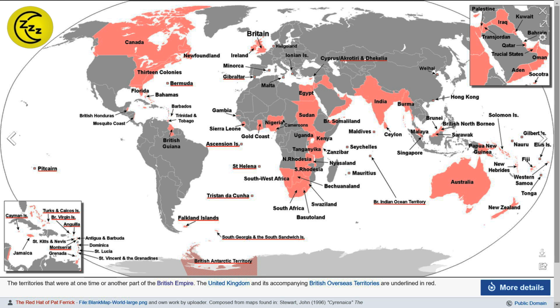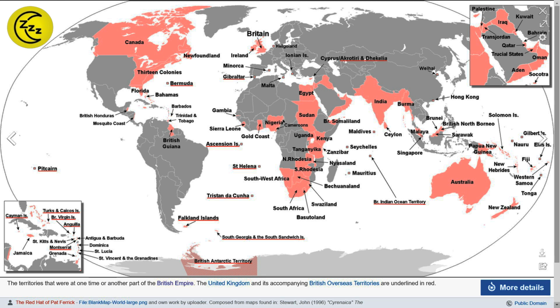The Imperial British East Africa Company operated in what are now Kenya and Uganda, and the British South Africa Company operated in what are now Zimbabwe, formerly Southern Rhodesia, Zambia, formerly Northern Rhodesia, and Malawi.